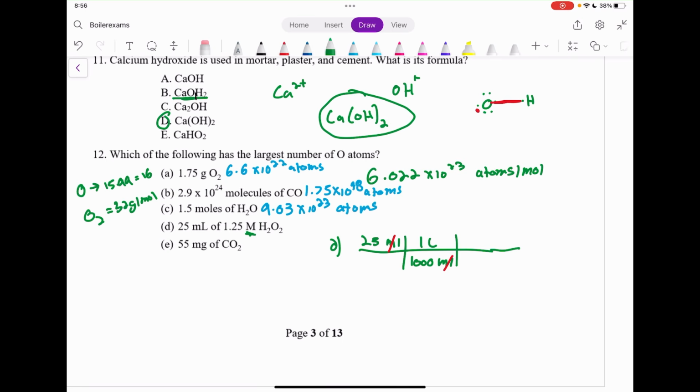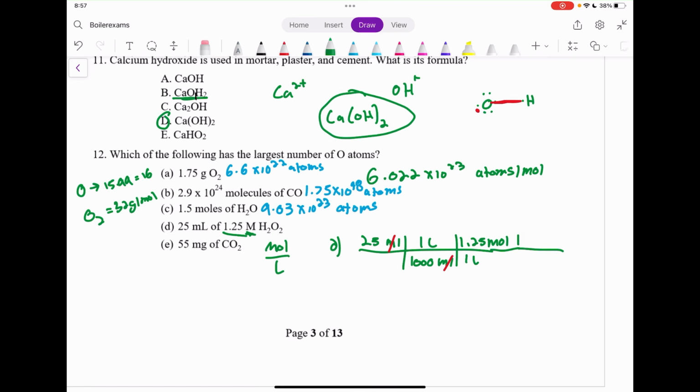Molarity is moles per liter, so if I want to cancel the liters, I'm going to need to put 1 liter on the bottom and then 1.25 moles on top. So I'm using that molarity, the 1.25 moles per liter, as a conversion factor.